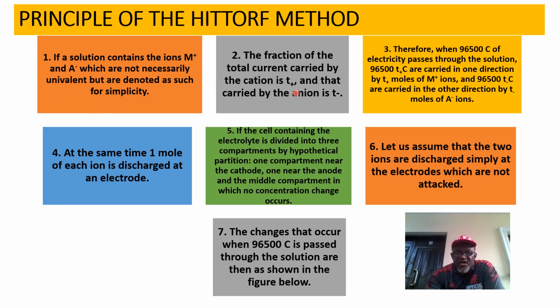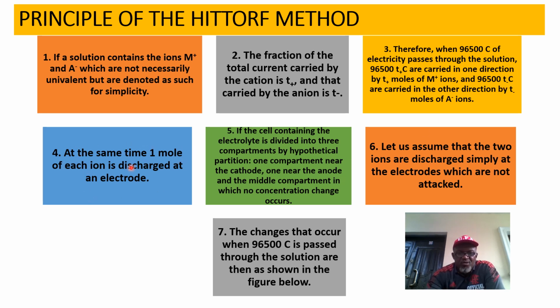The fractions of the current carried will be T plus and T minus. Then we bring in the Faraday: 1 Faraday is 96500 coulombs. So for the positive ions, the electricity passed will be 96500 times the transport number T plus, and similarly for the negative ions.